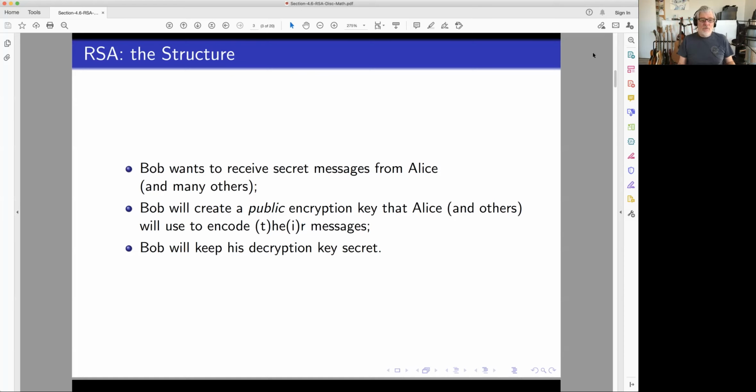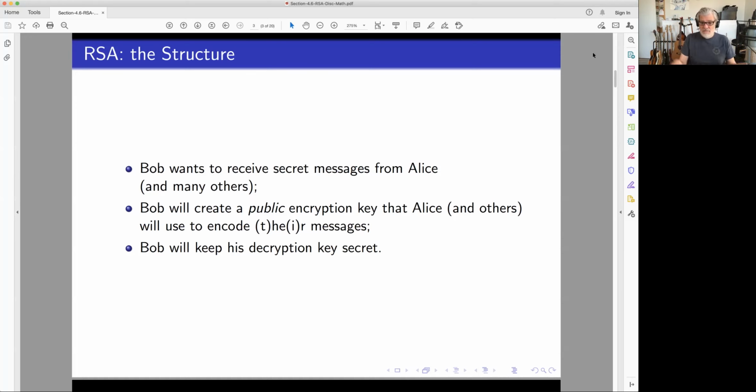Bob wants to receive a message from Alice and possibly many others. Bob is going to create an encryption key which is public. That means that anybody can see the key to encrypt, and that includes Eve.